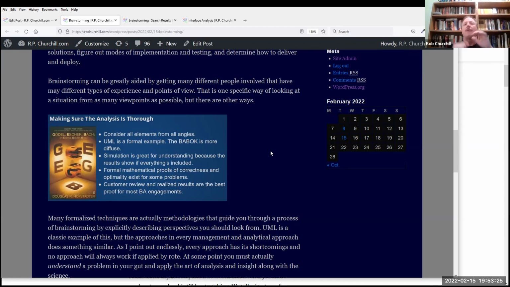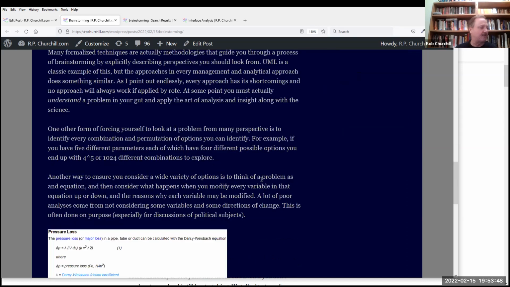So knowing how to open up and ask, is this in my purview? Is that in my purview? And really examine the widest possible combination and permutation of things really helps with brainstorming.